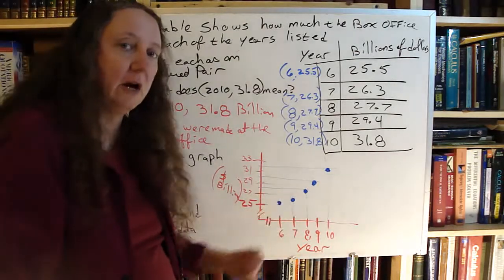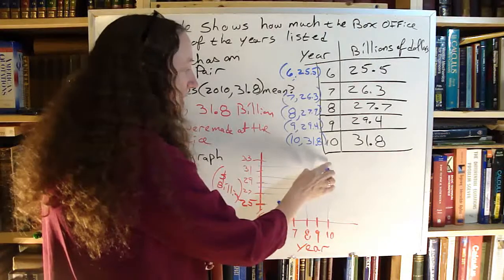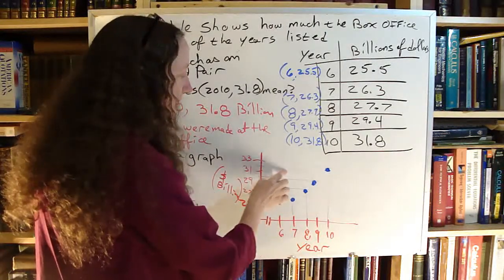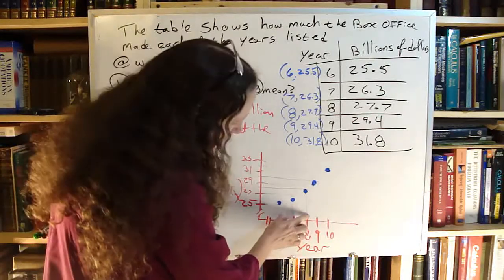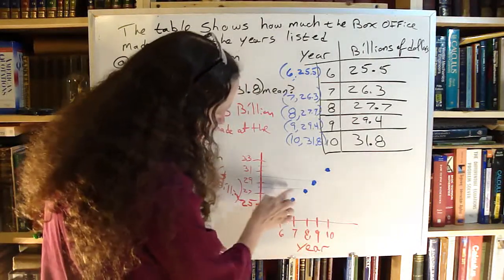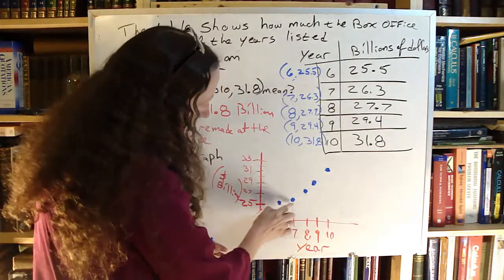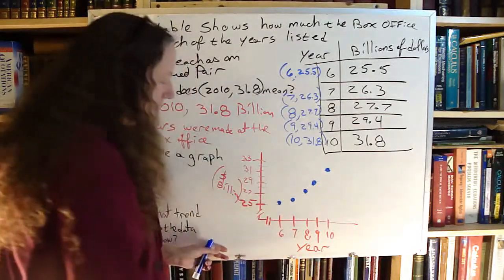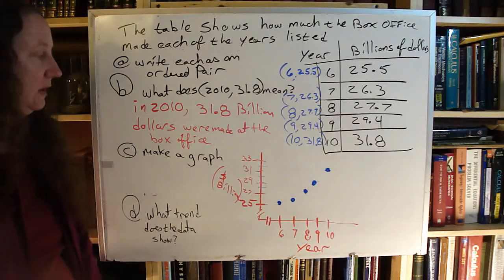I now have my graph. I'm going to get rid of my extra lines that I don't need. They were just guidelines. That's why I tried to make them very, very light. You've got to make your graphs neat. My graph is now done.